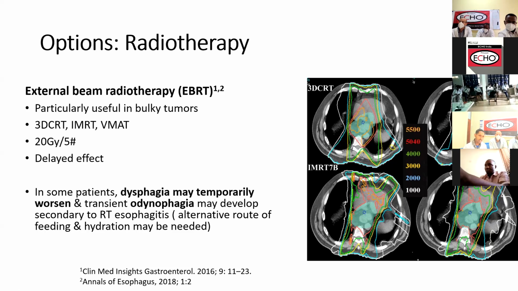In these modes, we deliver the radiotherapy using volumetric and intensity modulated techniques, so you can modulate the intensity of the radiotherapy according to the volume and to each specific organ. You can give like 20 gray. The problem with external beam radiotherapy is the same, because of the delayed effect.